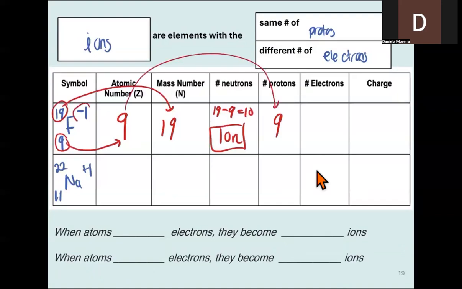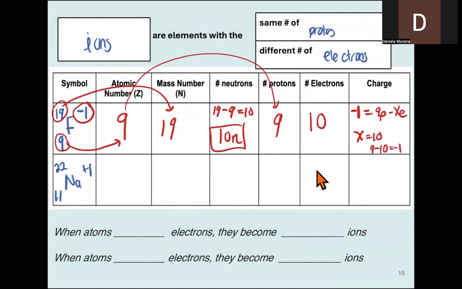Here we identified that the charge is -1. So -1 is equal to 9 protons minus X number of electrons. How many electrons do we need to make this equation true? So in order to make it -1, we need to make sure that there are 10 electrons, so that 9 minus 10 is equal to -1. So there are 10 electrons.